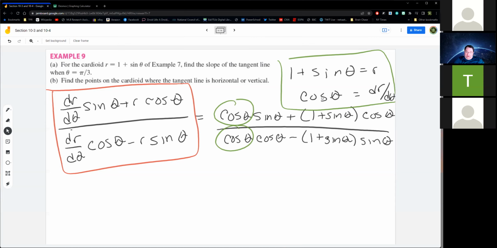And then r is the 1 plus sine theta. Wait, how do we figure that the derivative of r is 1 plus sine theta? No, r is 1 plus sine theta. Oh, I see. The derivative of it is cosine theta. Got it.